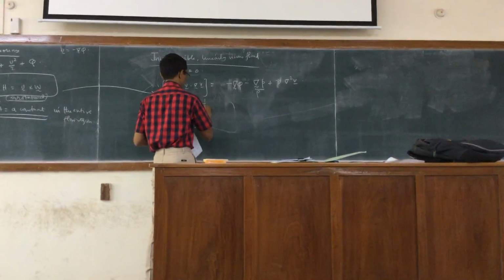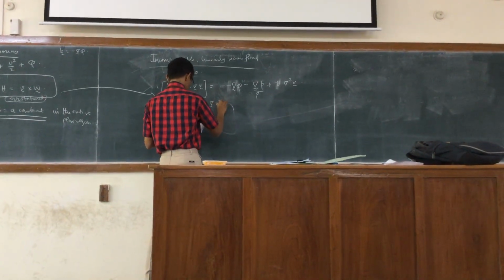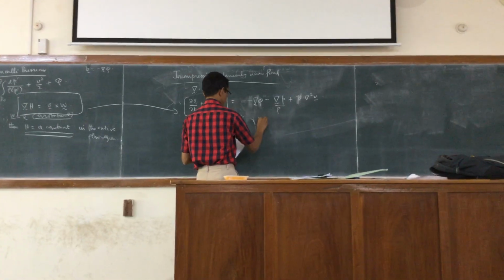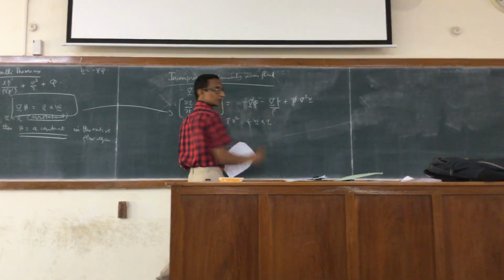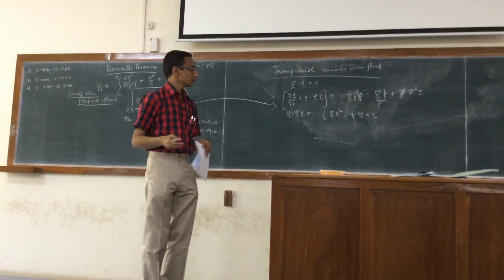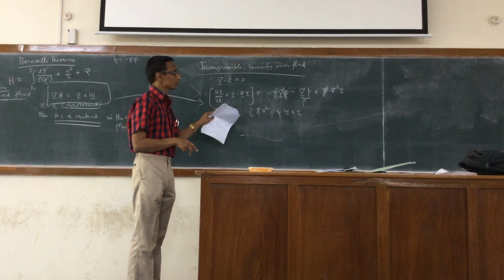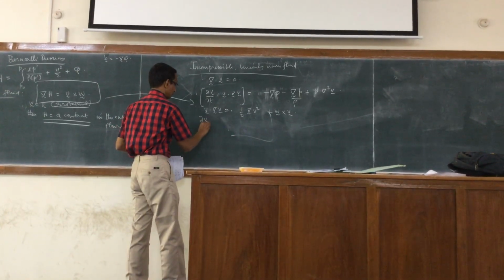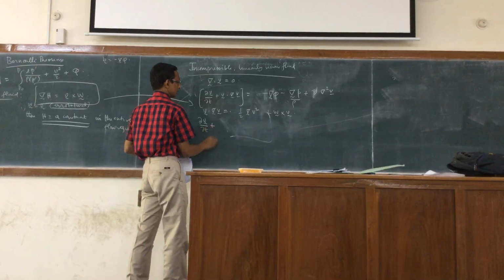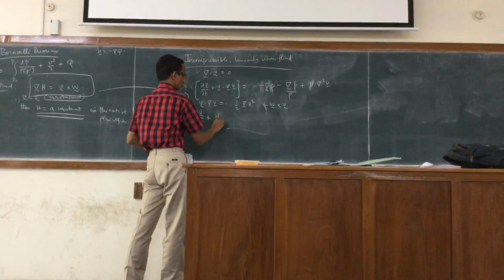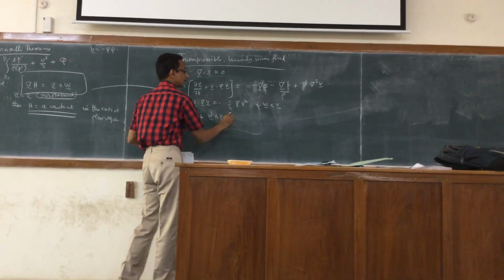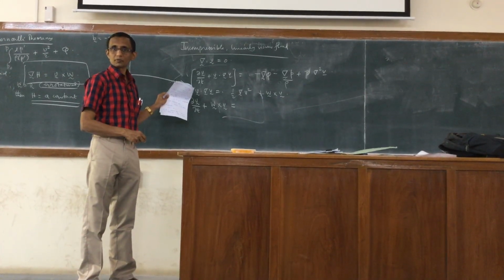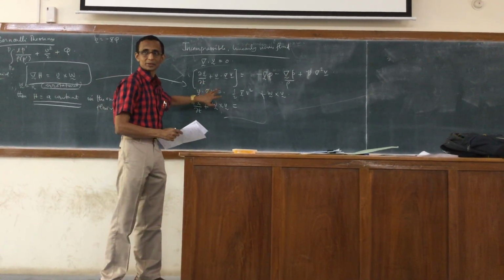Half v squared, so this is identical, plus the vorticity, which is nothing but the curl of the velocity. So then what I will get is dv by dt plus w cross v is equal to, so that term is recovered for the incompressible fluid. This is coming only from the acceleration term.